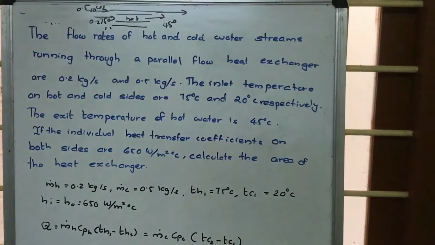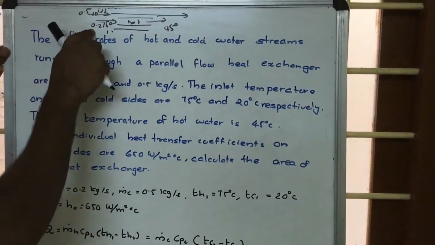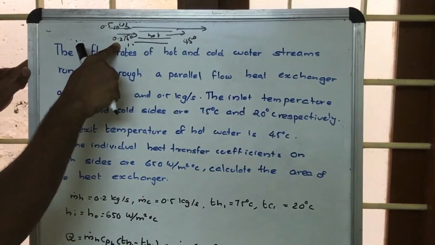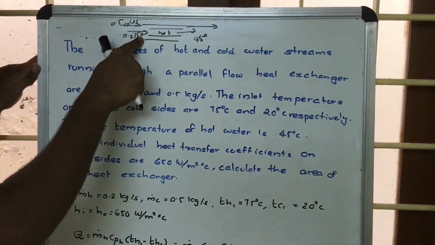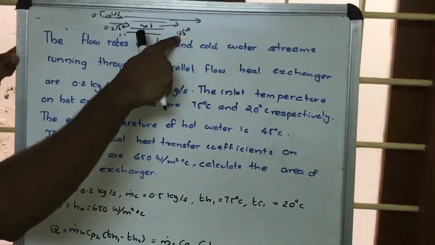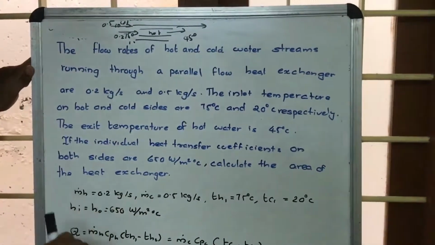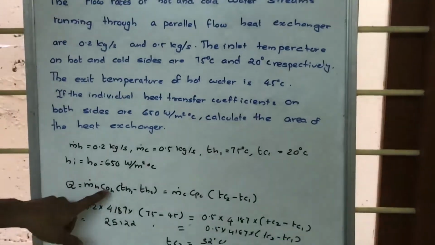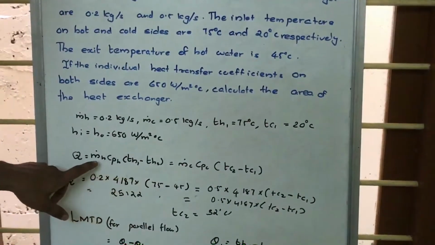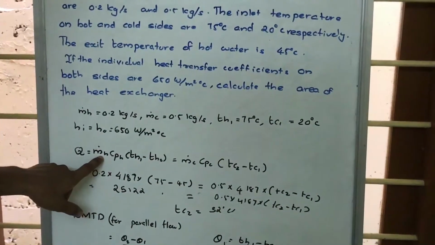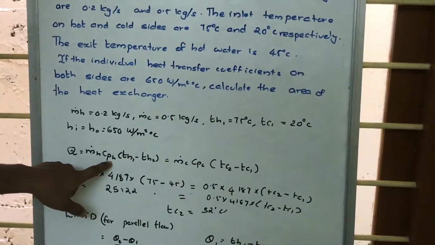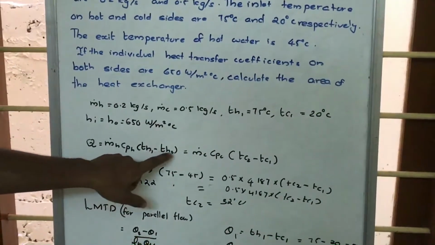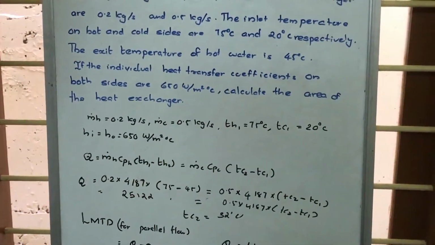That is the question. The hot water is entering with a mass flow rate of 0.2 kilograms per second and an entering temperature of 75 degrees. When it goes out it is at 45 degrees. So it is liberating heat, and that heat is equal to m c delta T, that is, the mass flow rate of hot water, c of hot water, times Th1 minus Th2, the change in temperature of hot water.